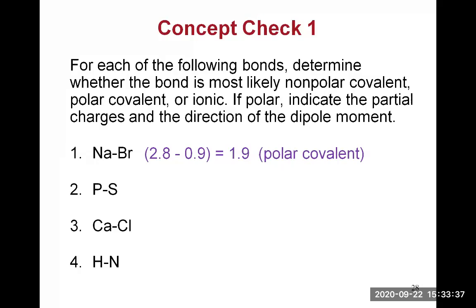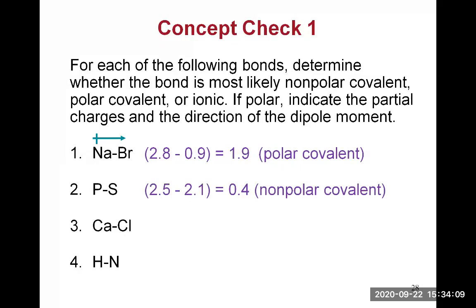Now, if we have a bond between P and S, P is phosphorus, S is sulfur. Sulfur is 2.5 minus P is 2.1. That's a difference of 0.4. And 0.4 is considered non-polar. Oh, yeah, I forgot about this arrow. I told you earlier you need to indicate the dipole moment if you have a polar bond.